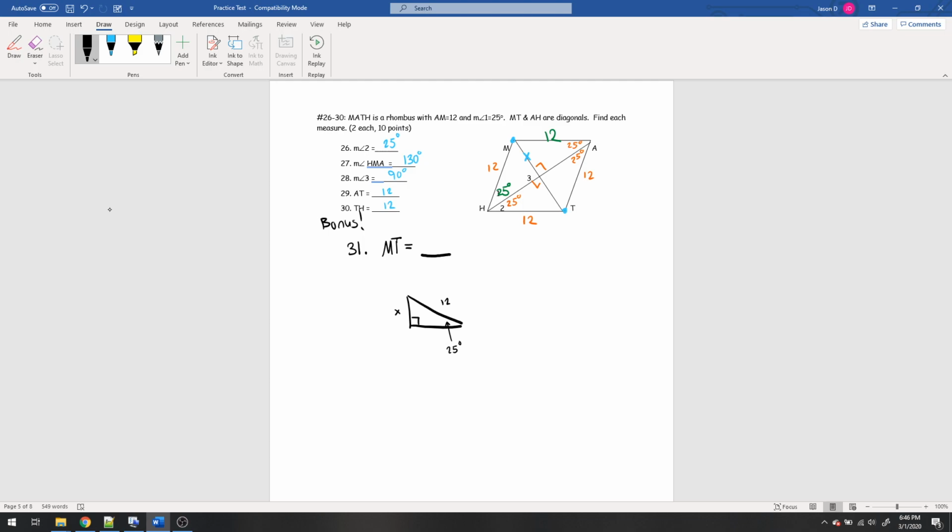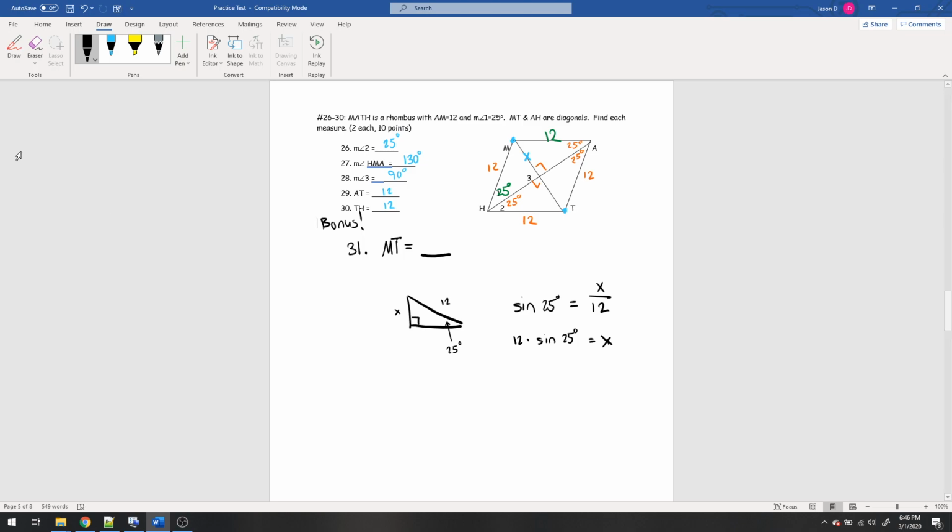The opposite will be X, and the hypotenuse will be 12. We can say sine of 25 degrees is equal to X over 12. To simplify things a little bit, I'm going to multiply both sides by 12 even before jumping into my calculator. So 12 times sine of 25 is going to be our missing value X.